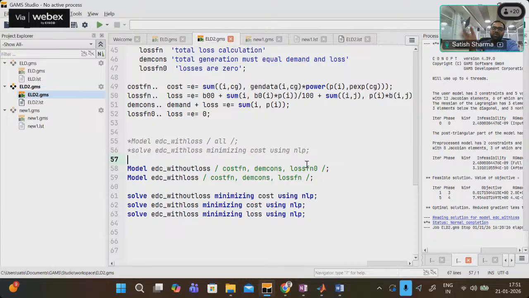A day before the actual power delivery, the system operator commits certain units or power plants, saying you have to be online. Once those generators are online, then we perform economic load dispatch.